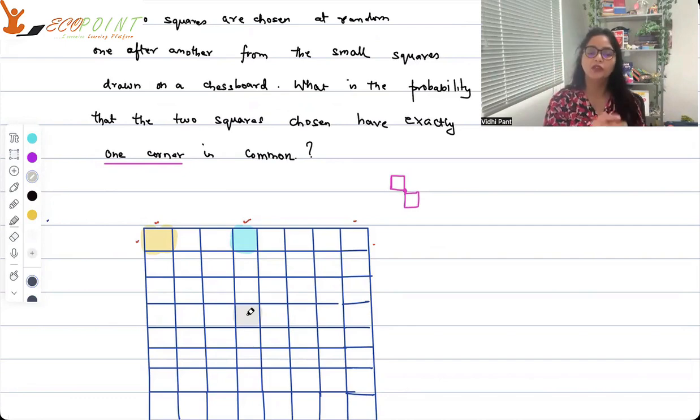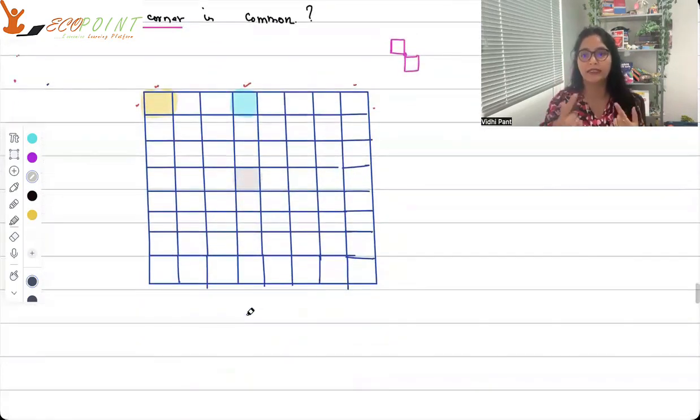Whenever you get a question on a chessboard, this distinction should be very clear to you, because that's how you can start thinking. I'm trying to build up this thought process in you. So I'm going to take these three cases into consideration.